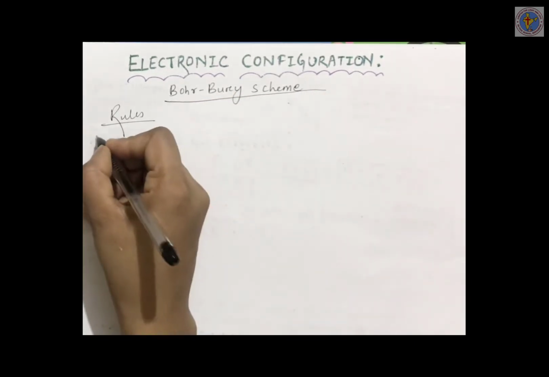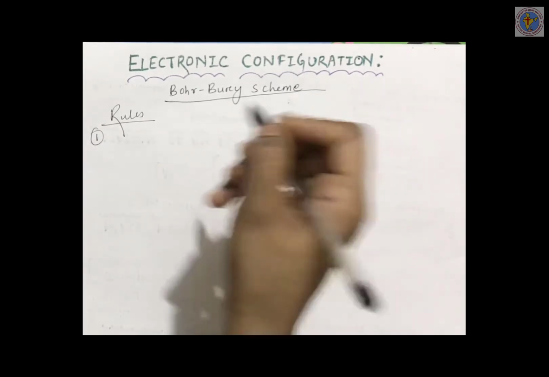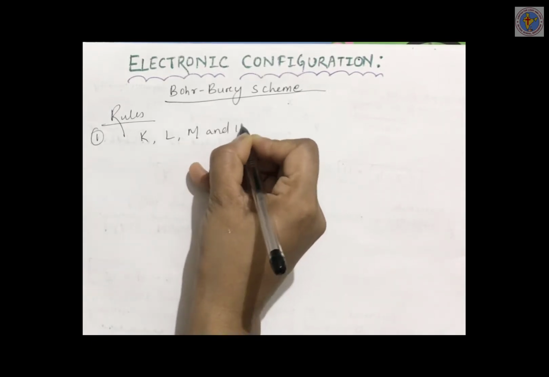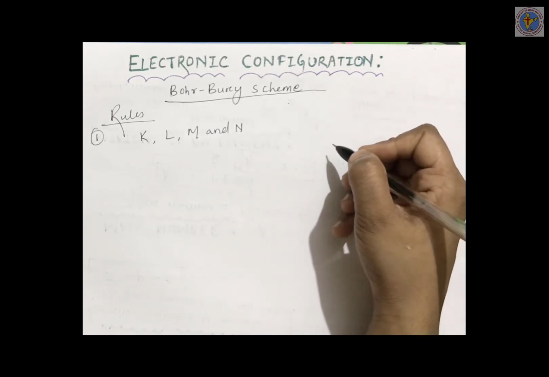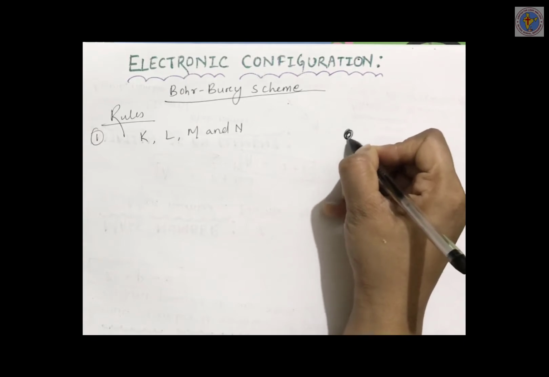First rule. The shells were given the names K, L, M and N. For example, this is the nucleus.